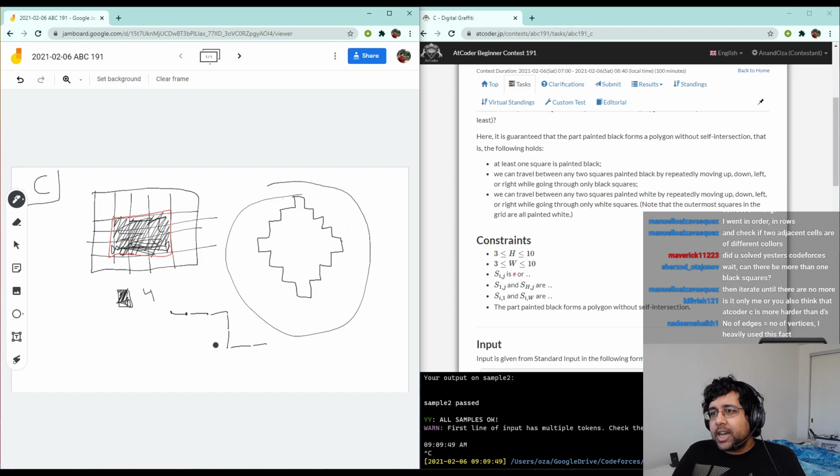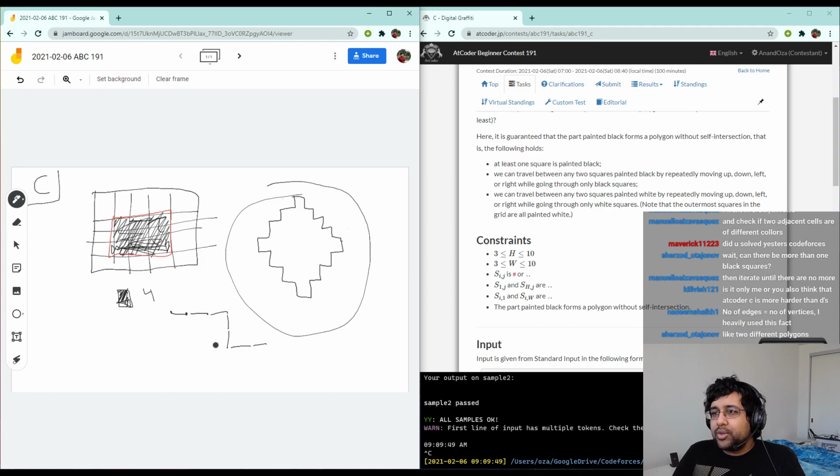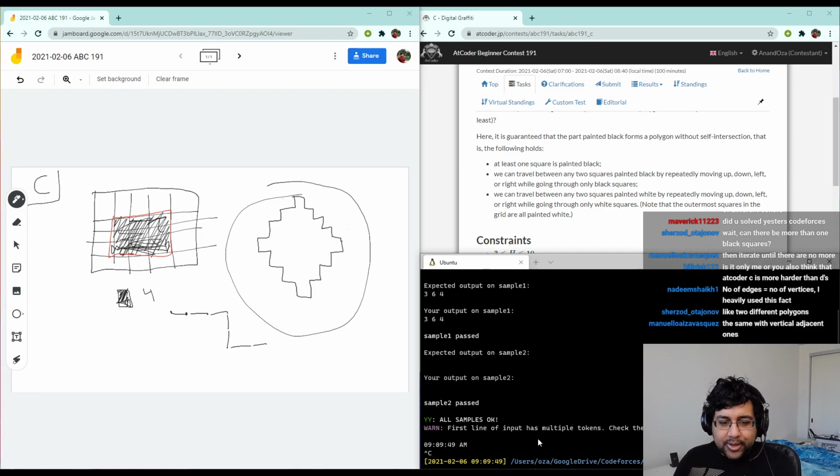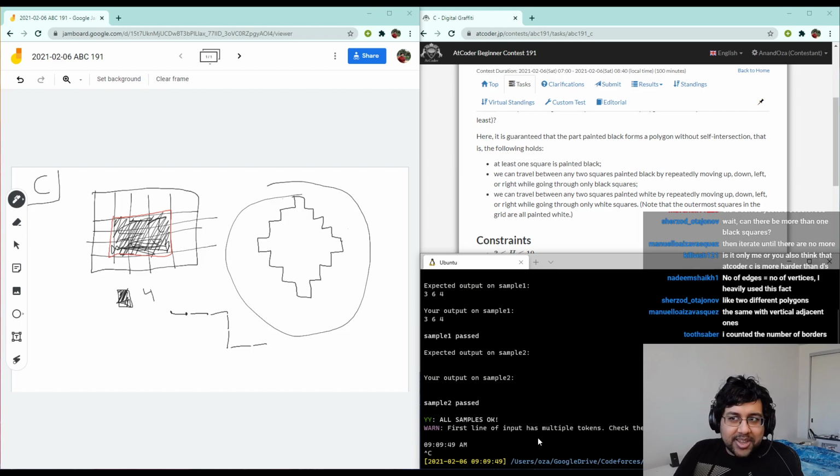Oh, cool. Someone in the chat said number of edges equals number of vertices. I heavily use this fact. That's actually a pretty nice way to do it. Definitely spoiled me a bit on the solution, but that is pretty cool.